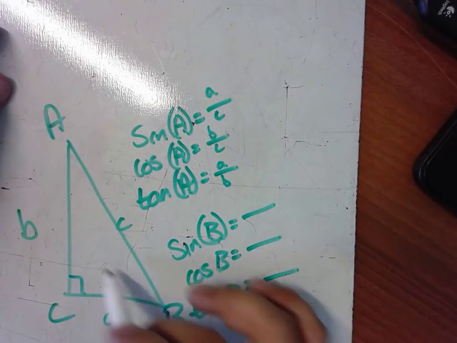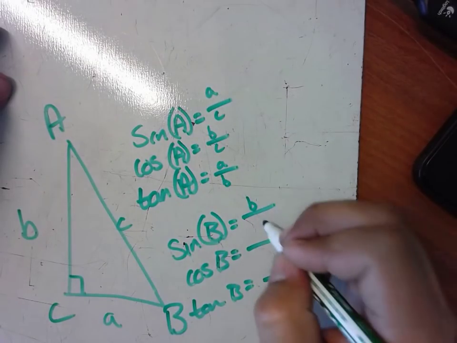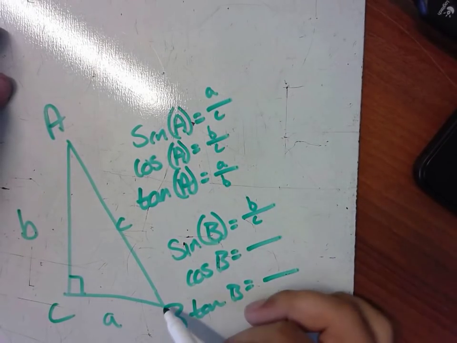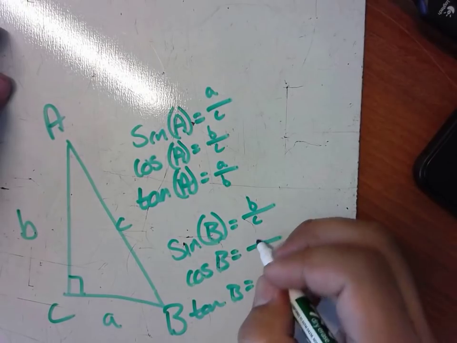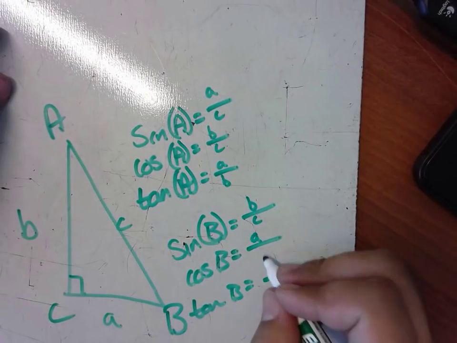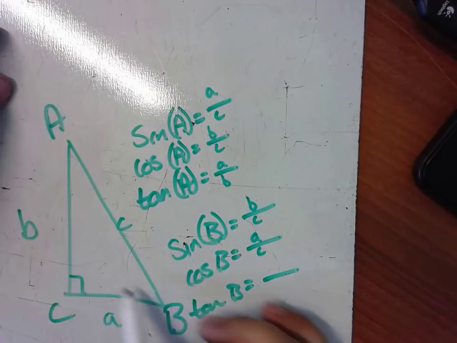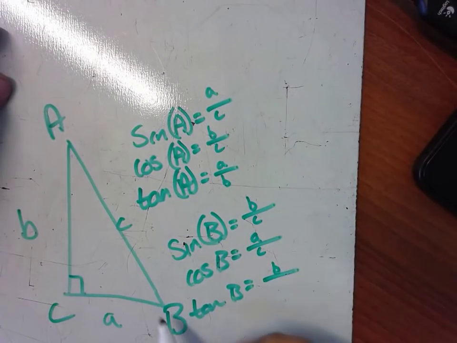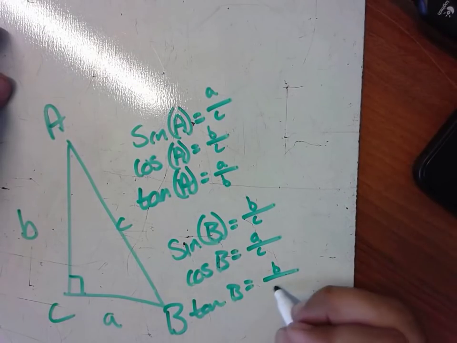Sine of B, opposite big B is little b, hypotenuse is C. Cosine is adjacent, little a, over hypotenuse, little c. Tangent is opposite, little b, over adjacent, little a.